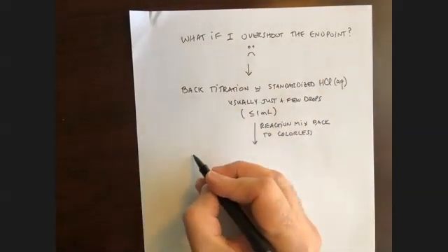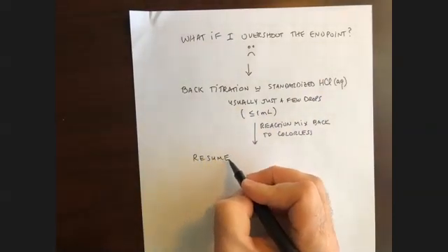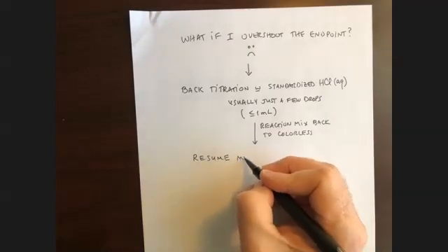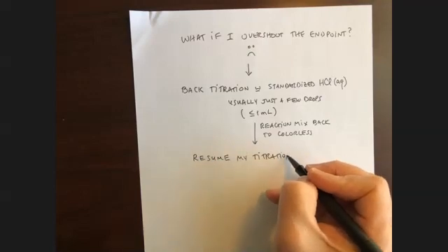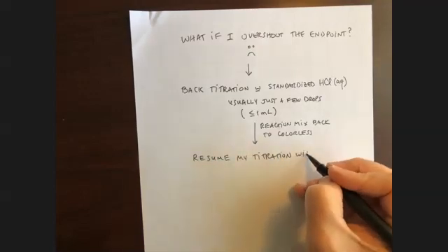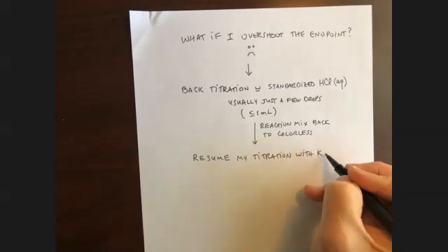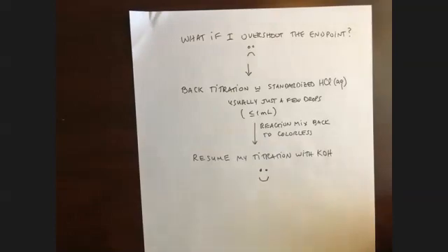And now you bring your reaction flask back to the burette of the KOH, and you can resume your titration with your KOH. And now, as we say in Miami, everybody happy.